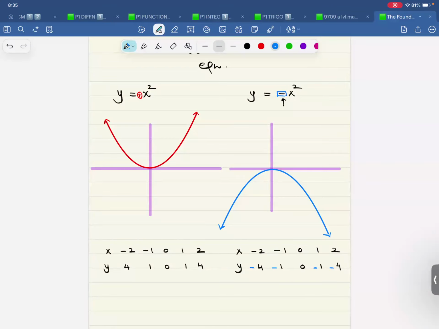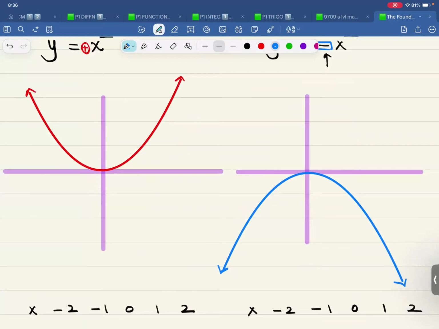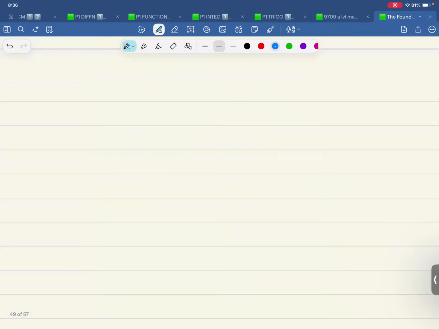Now I'll be using these sketches for simultaneous equations also. So if I use these sketches for simultaneous equations, how can I use them? Let me solve the equations y equals x and y equals x square.